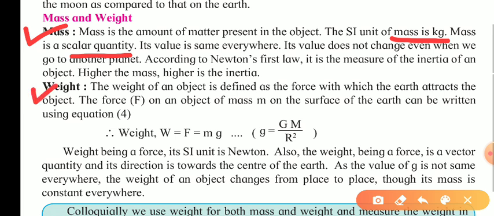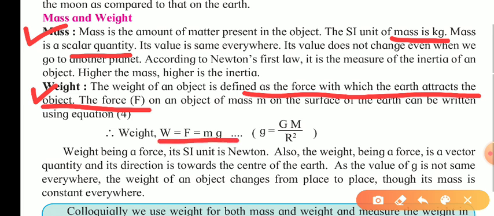Whereas weight is defined as the force with which the Earth attracts the object, and F is equal to mg is the formula for the weight. Weight is the force by which Earth is attracting any particular object, and that is mg, derived from mass into acceleration.